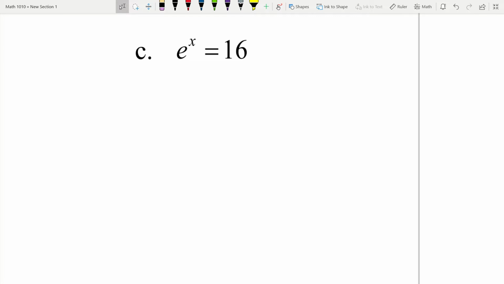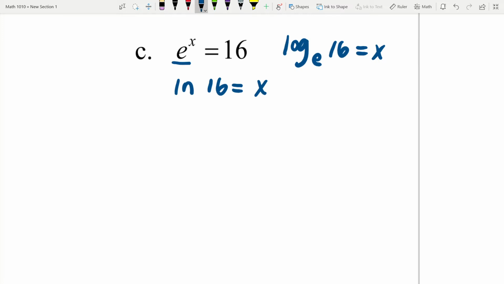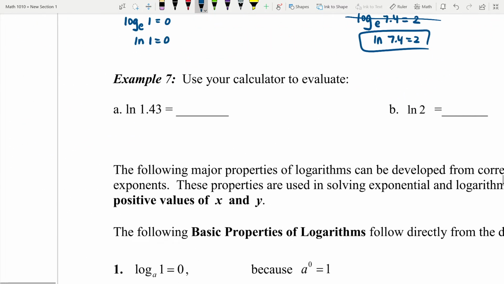Okay? So this one right here would be log base E of 16. I'm gonna write that as ln 16 is equal to x. If that confuses you, write it like this. Log base E of the other side, 16, equals x. That just means ln 16 equals x. Okay, grab your calculator.